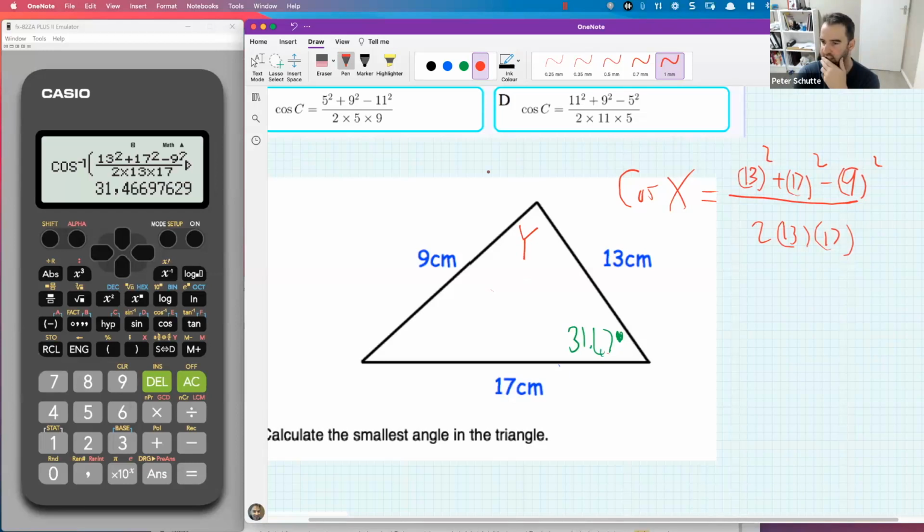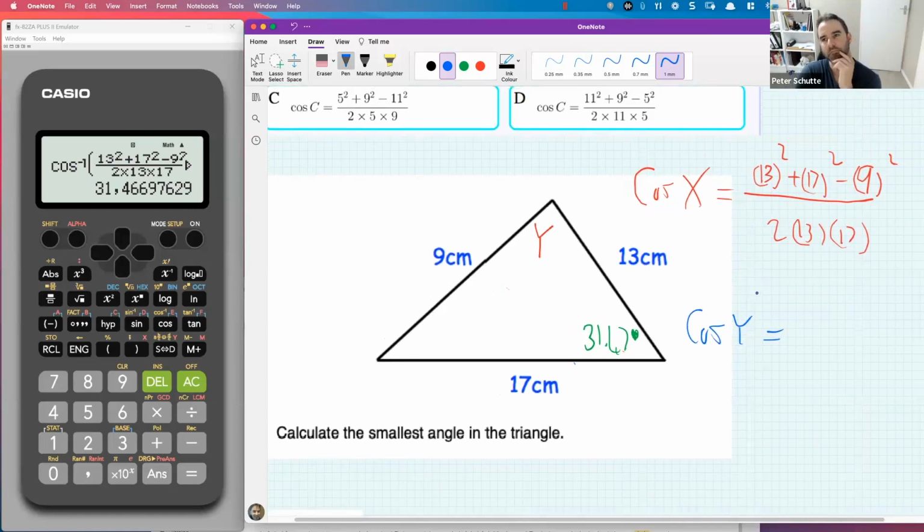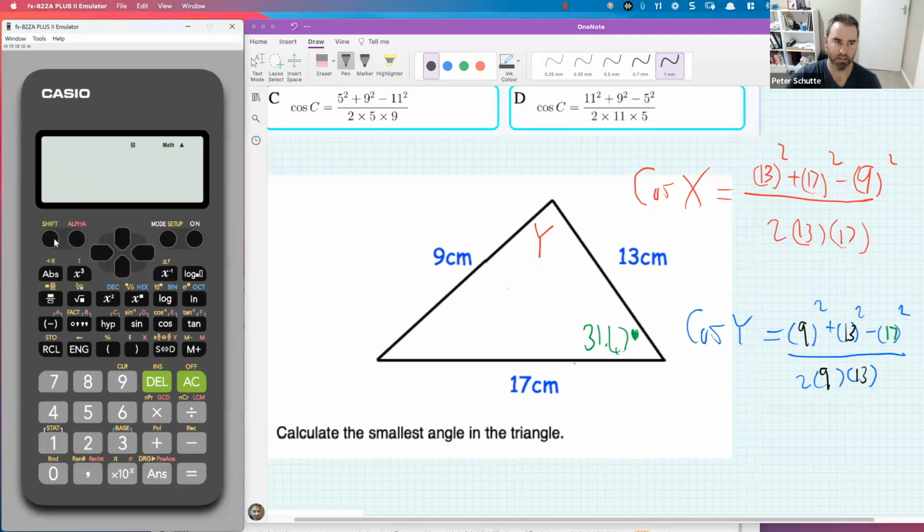Nicely done, Mbasa and Cheche. Okay, what is the biggest angle going to be in this triangle? So when I was writing it out, I got something like that.